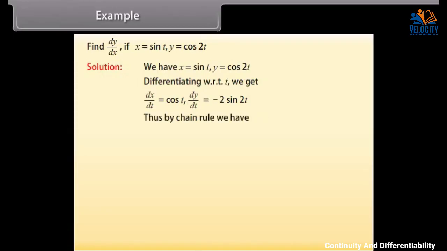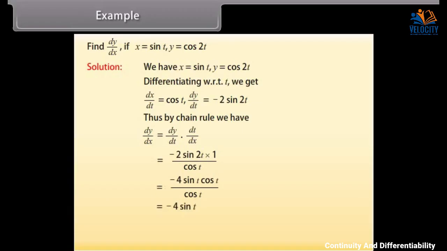Thus, by chain rule we have dy by dx is equal to dy by dt into dt by dx is equal to minus 2 sin 2t into 1 by cos t is equal to minus 4 sin t cos t by cos t is equal to minus 4 sin t is equal to minus 4x. Hence, dy by dx is equal to minus 4x.